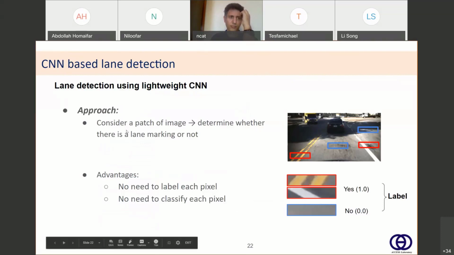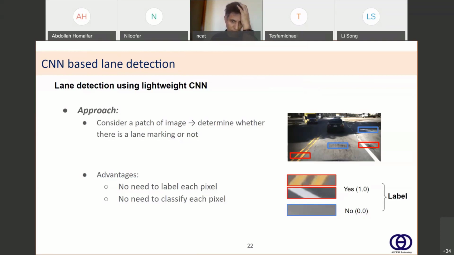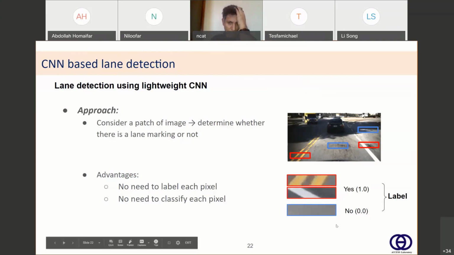So here is the idea. Simply consider a patch of the image, as shown in this image, and determine whether there is a lane marking in that patch or not. For example, if you consider this patch here, there is a lane marking, and in this patch there is no lane marking.